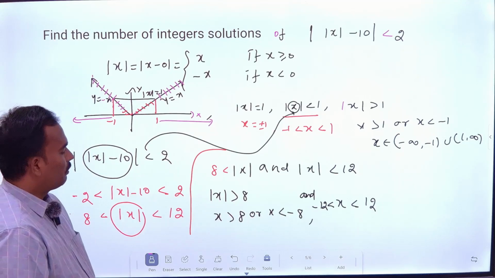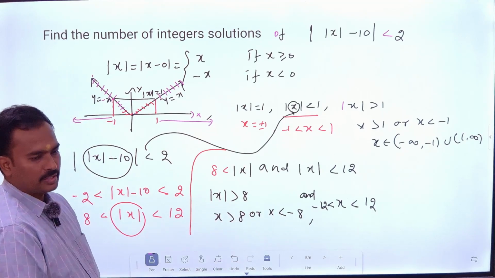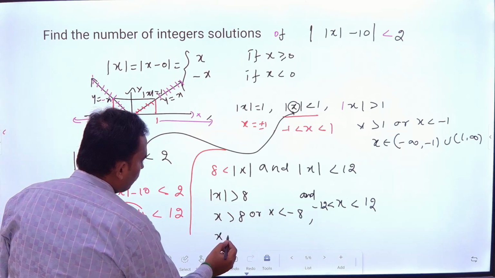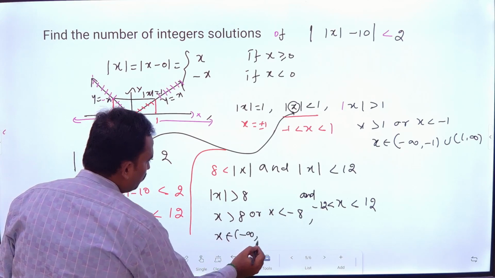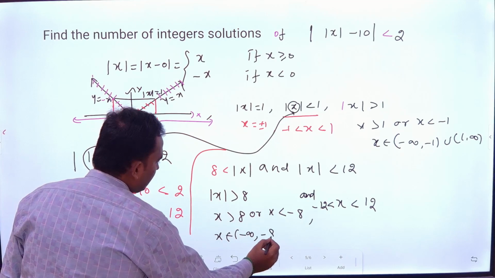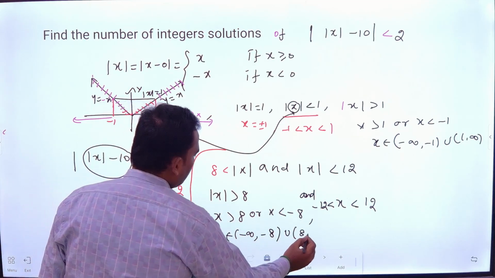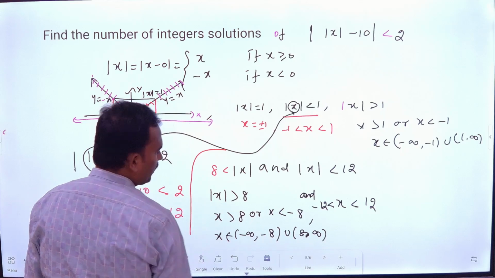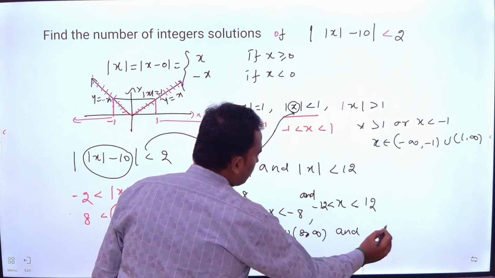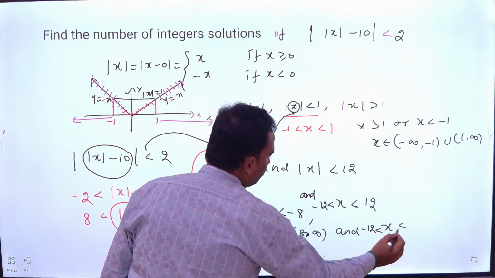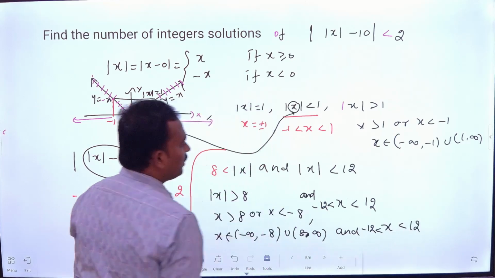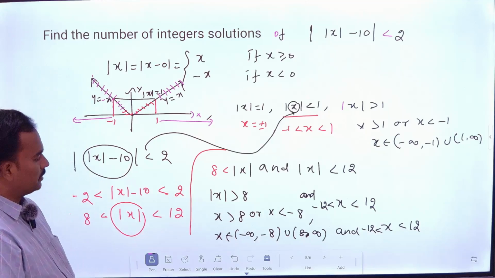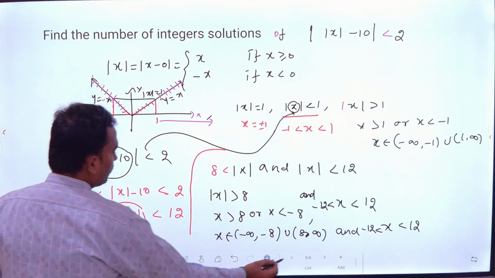Whenever you apply and, you have to use the intersection. Here x belongs to minus infinity to minus 8, union 8 to infinity, and x will fall between minus 12 and 12. We need integer solutions from this intersection. Let's draw the graph quickly.